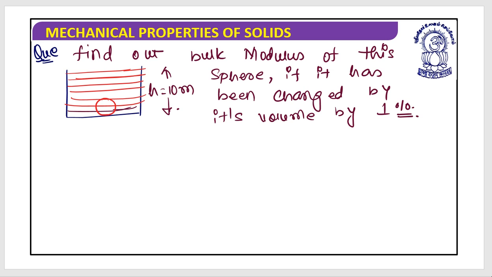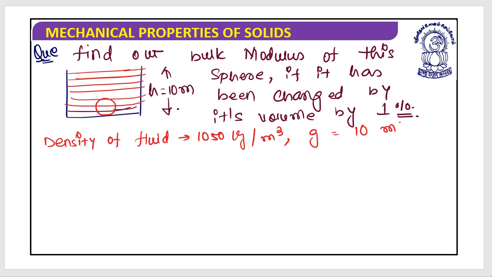This height is given, and the density of the fluid is, let's say, 1050 kg per meter cube, and you can take g equal to 10 meter per second square. You need to find out the bulk modulus of the sphere. How will you do this? What is to be done? What do you think?